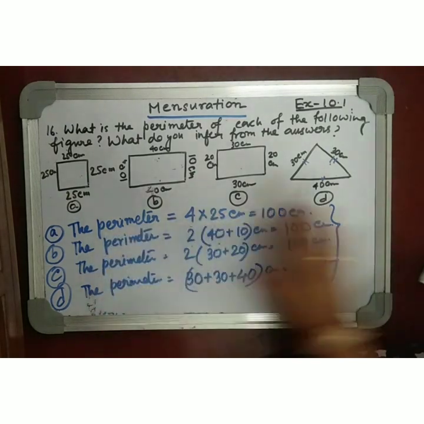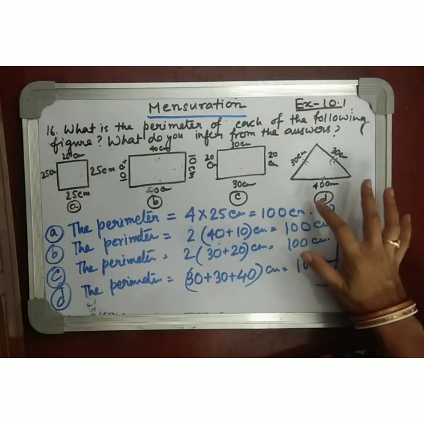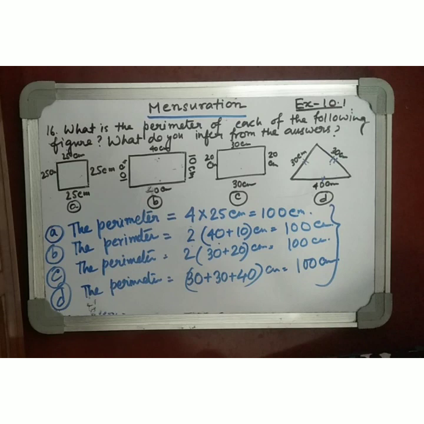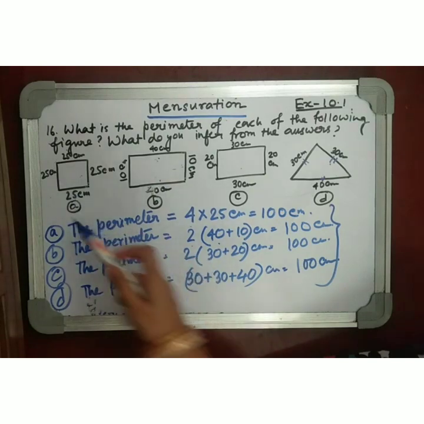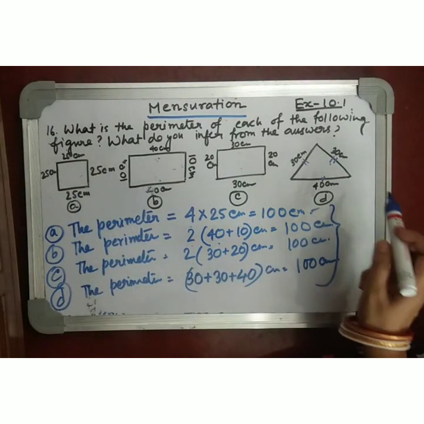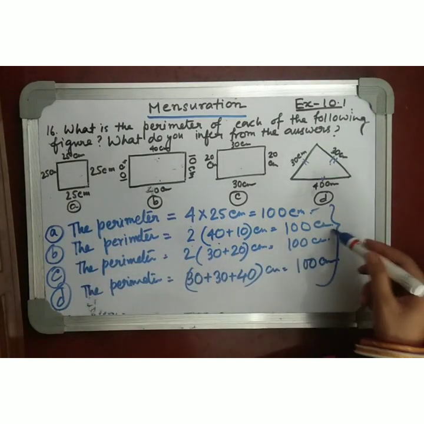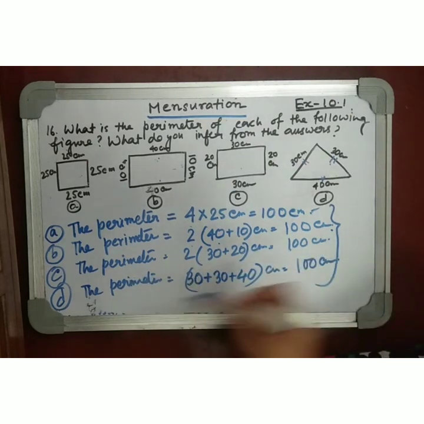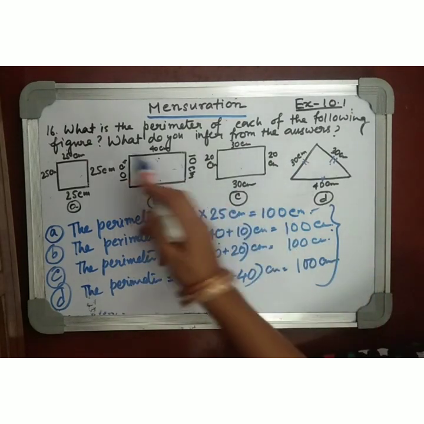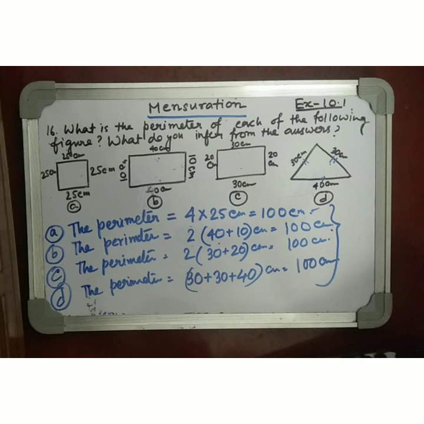So in the question it was written, what do you infer from the answers? We have got all the answers, and all of them have a perimeter of 100 centimeter, isn't it? Figure A was 100 centimeter, figure B also 100, C also 100, D also 100. So what should we write?